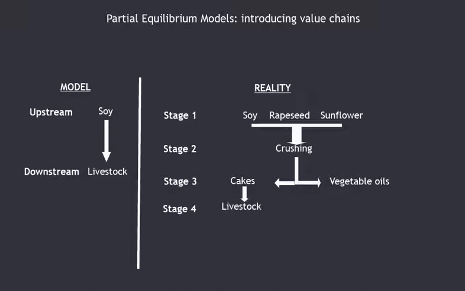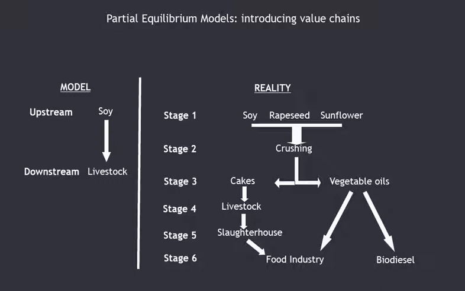The livestock sector is used by slaughterhouses to make meat, and meat is used by the food industry. Vegetable oils are used in the food industry to be sold to final consumers, or used as an input by the biodiesel industry to make fuel for transportation.